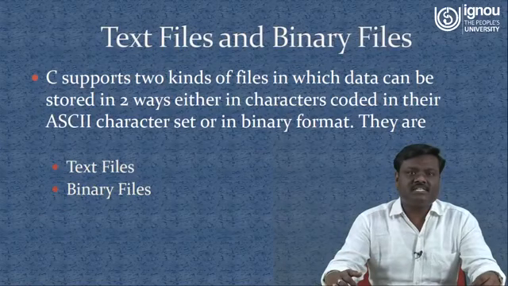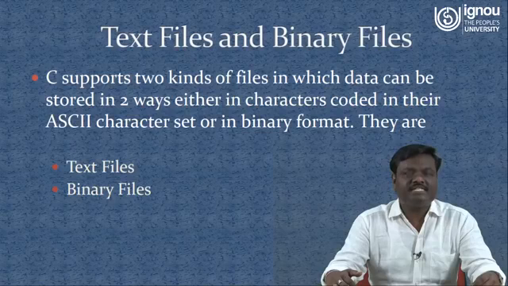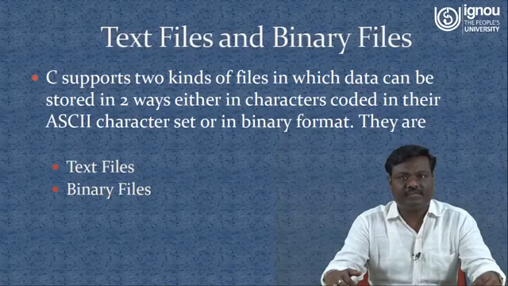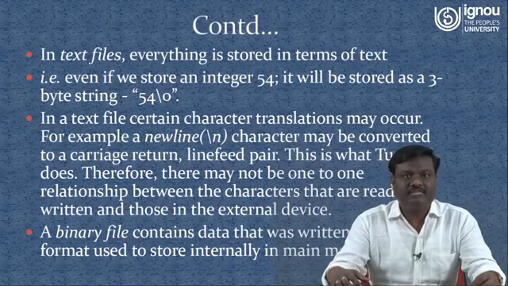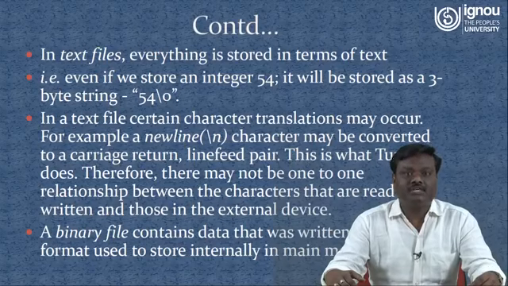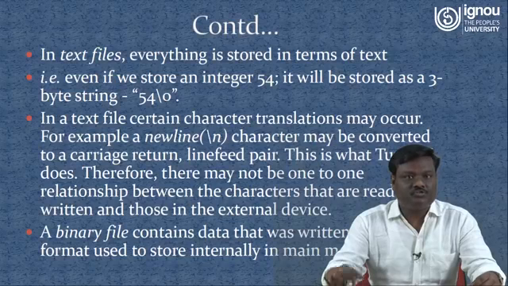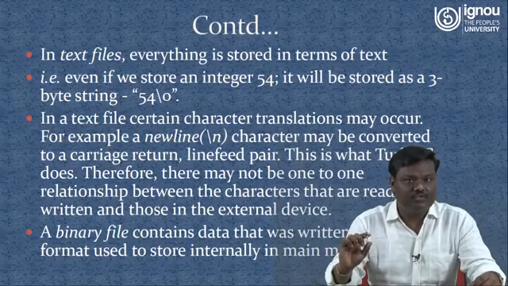So C will support two types of files. One is the text file and other is the binary file. So these particular text files, as we can see, everything is stored in terms of text, and the binary, it is in the zeros and ones. So for each and every line, you may be seeing in the program that a new line character will be there.